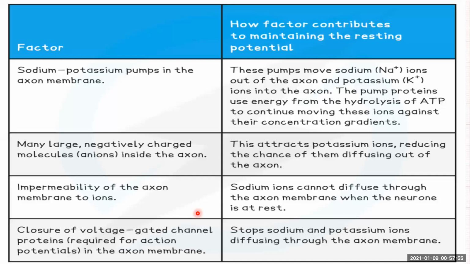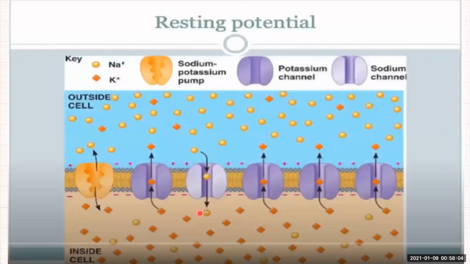Then this membrane is impermeable to certain ions. Mostly, sodium ions cannot diffuse through the axon membrane when the neuron is at rest. Here, if you see, sodium is being taken out only through this sodium potassium pump, right? But it cannot diffuse out on its own. Potassium, you see, can diffuse out, but sodium cannot.